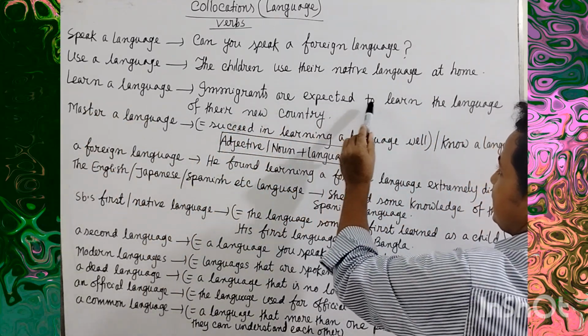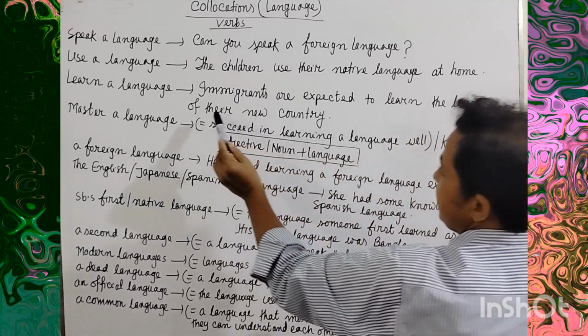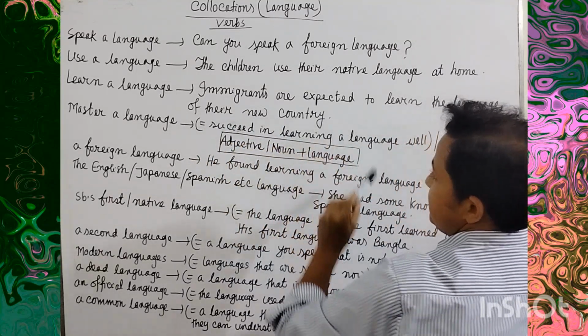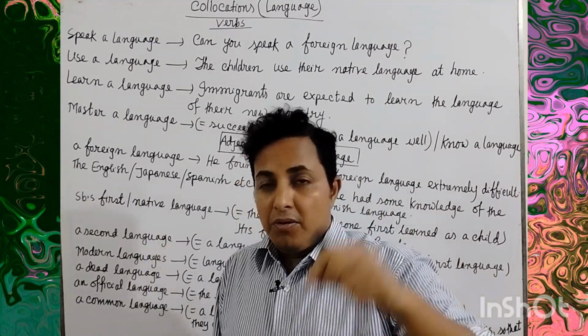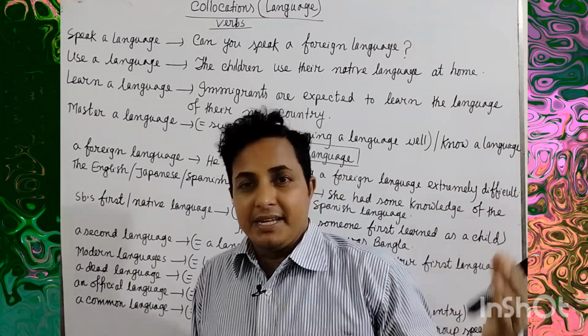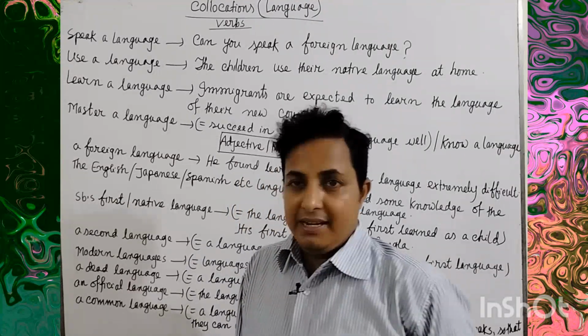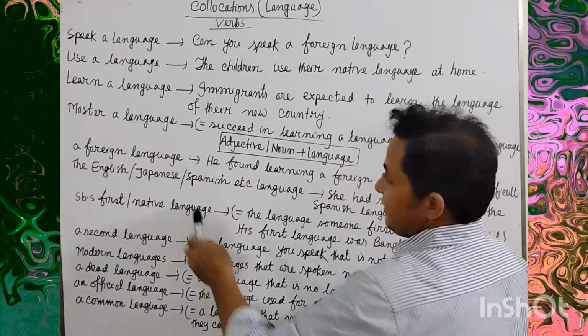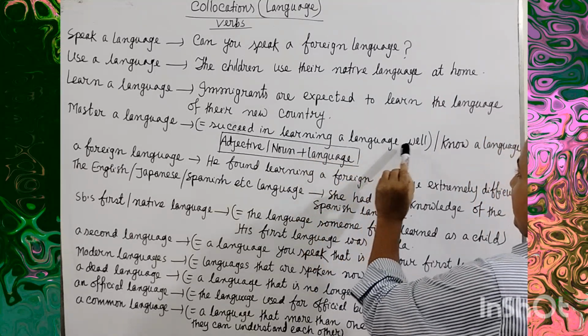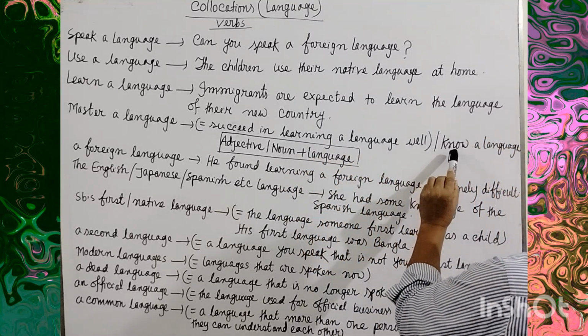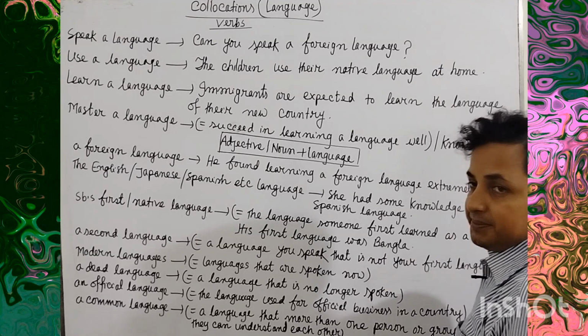Immigrants are expected to learn the language of their new country. Immigrants are people who leave their own country and stay in another country. Master a language means to succeed in learning a language well, or to know a language.